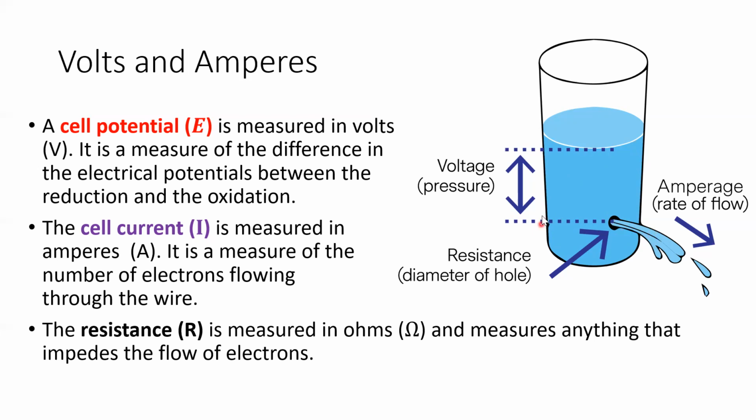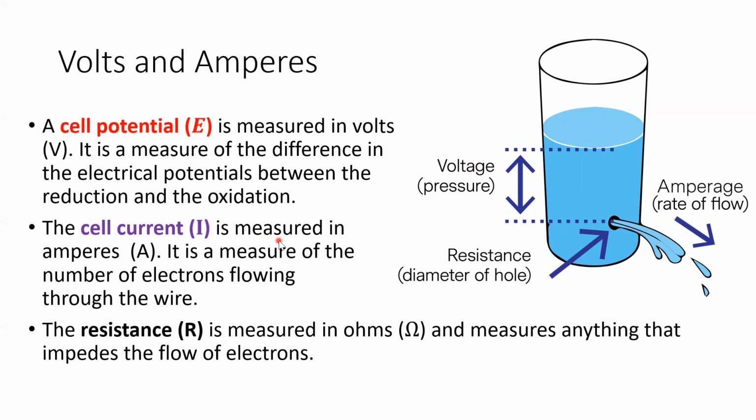The difference in the height is the difference in the pressure that causes the water to flow out of this hole. That's like what we mean when we talk about voltage or our electrical potential. The difference between this value here and this value here.